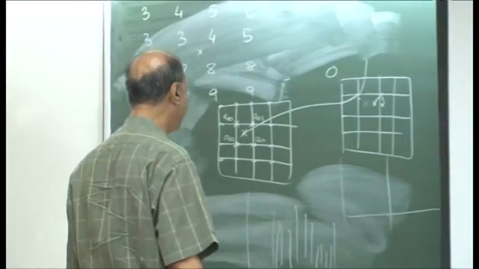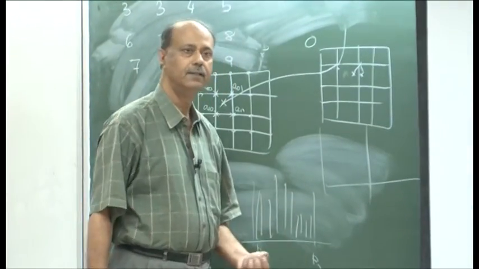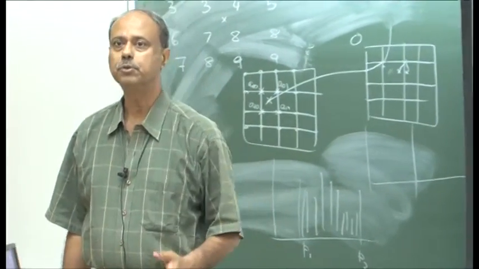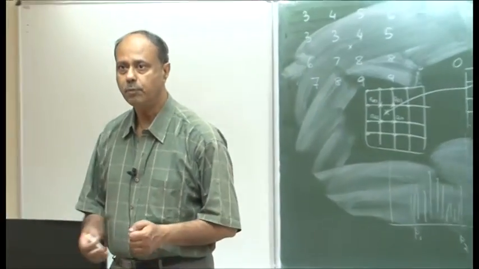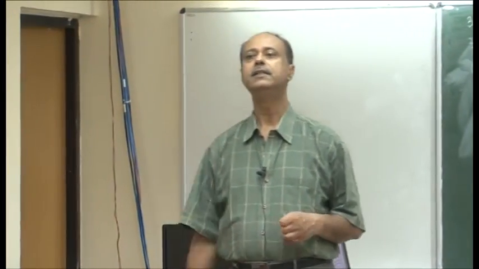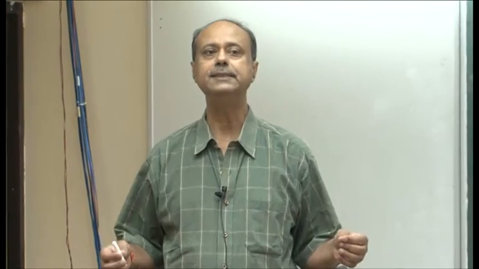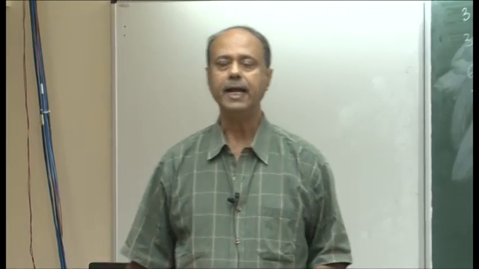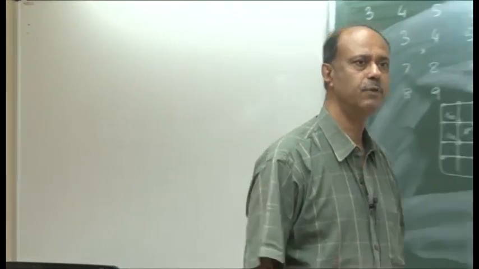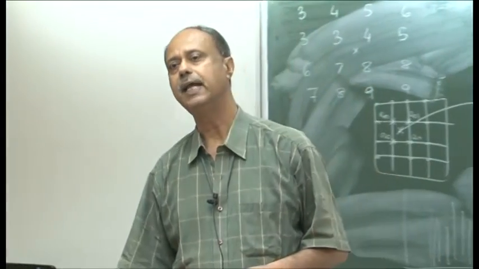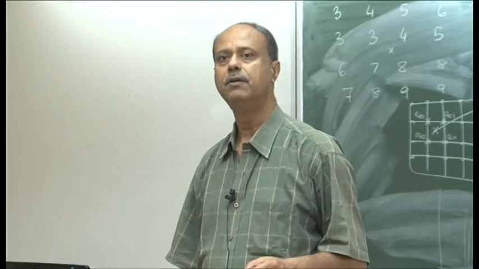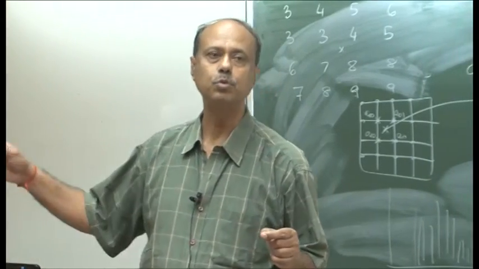And once you know the range of the intensity level, you will be able to think whether there is a need to change the intensity level. Suppose I have one image where intensity level is lying between 55 and 75, and another image of the same object or subject is lying between say 15 to 200.